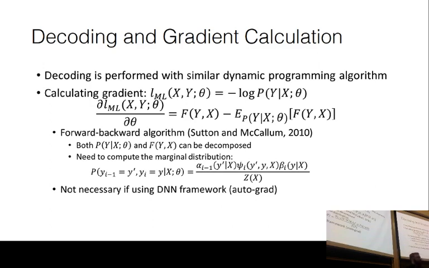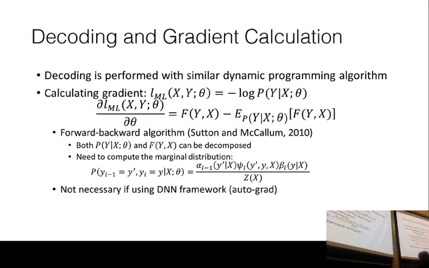You start with the probability of 1 because the probability of a start of sentence is 1, and then you have all the candidate paths that eventually converge into an end of sentence, right? And what you want to do is maximize the probability of the correct path. So the marginal distribution will be that divided by the probability over all of the possible paths.